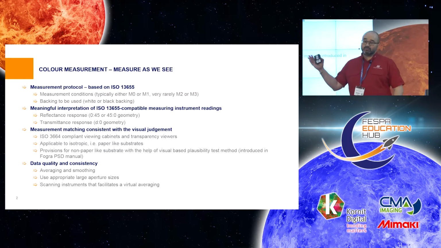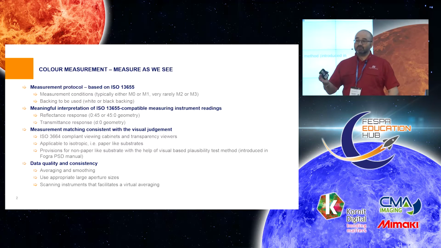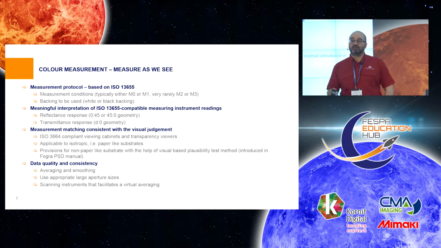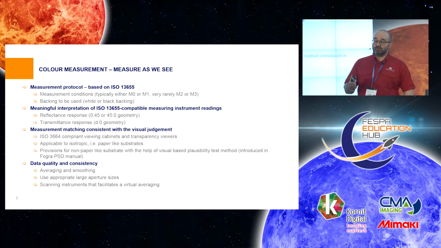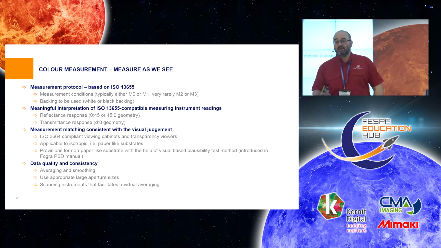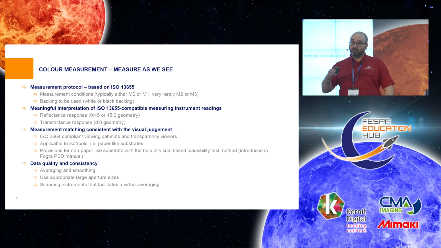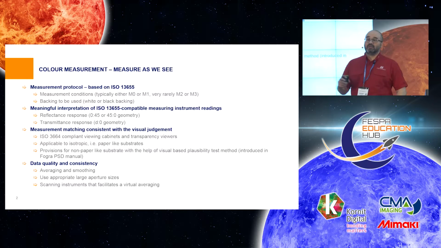So in graphic technology, we have a very important ISO standard. Most of the devices that we are using in graphic technology, the 45/0 devices, comply with this standard. It's called ISO 13655, and it defines the measurement conditions. We have some backings that we use when we measure different types of samples.